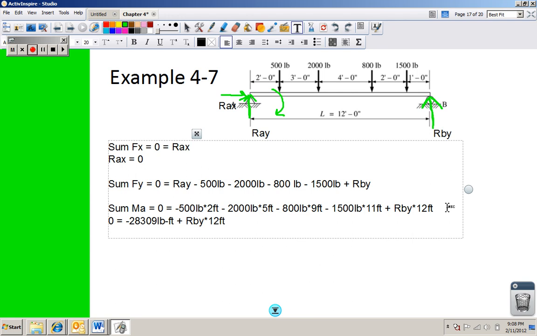Okay, so if I move the 28,309 to the other side, divide by 12. Get that RBY is 2,359.